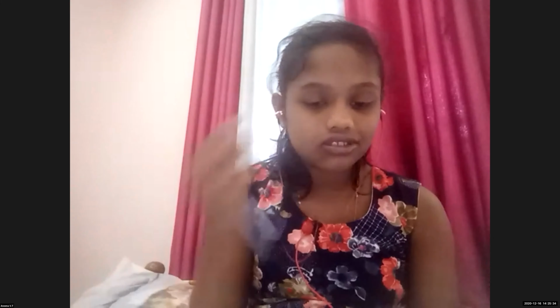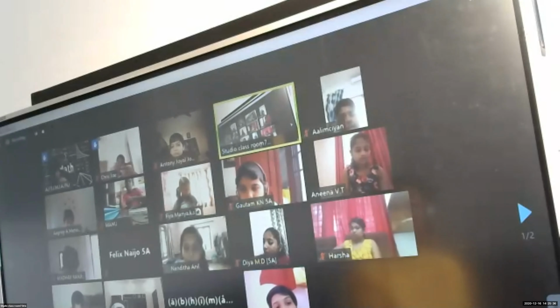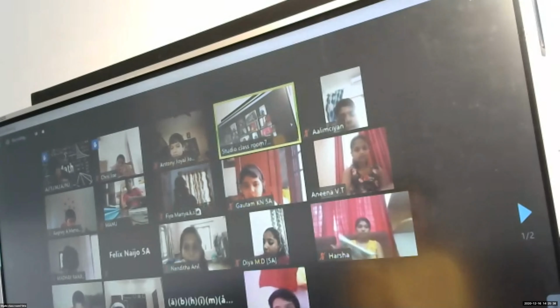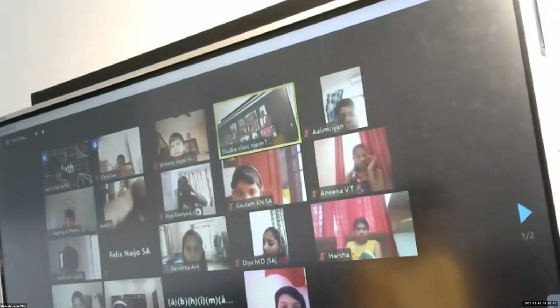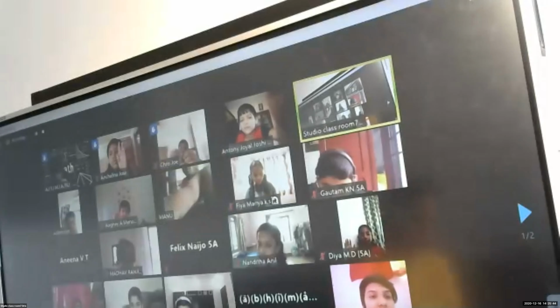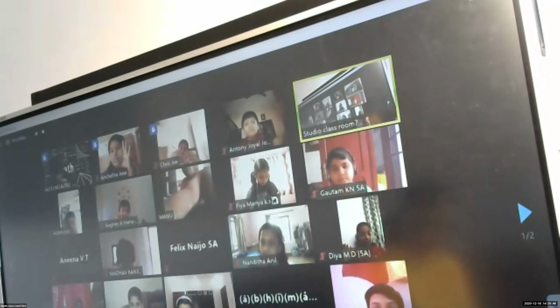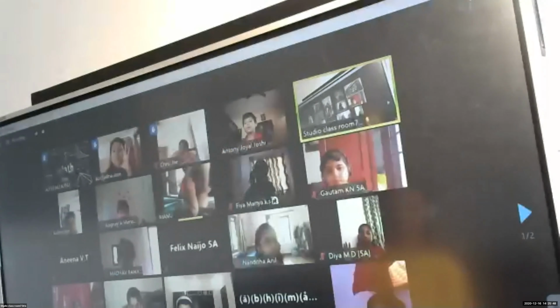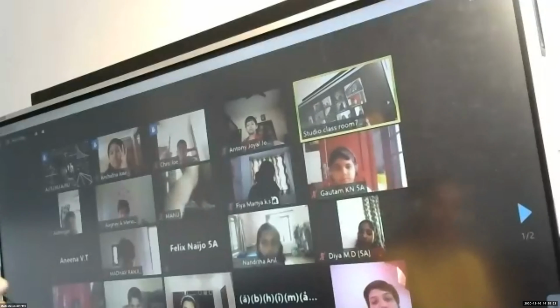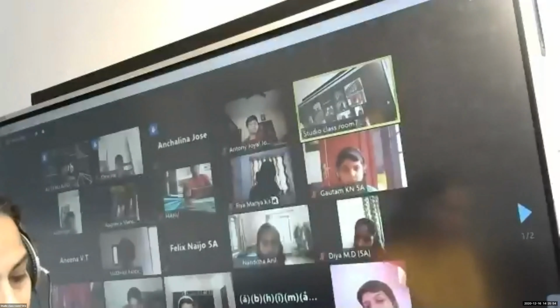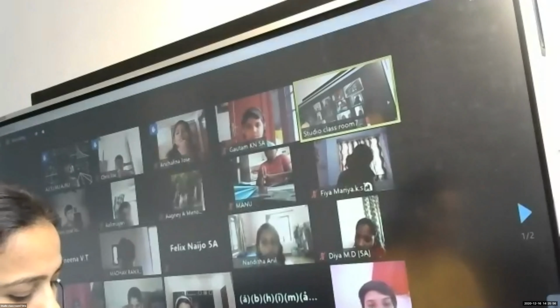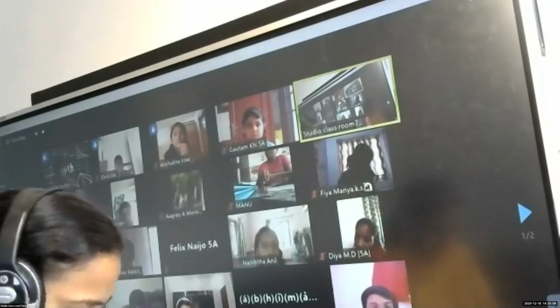The fraction will be smaller. Then who can tell me? Yes, Manu? We cannot divide it again. So numerator and denominator will not have any common factors. Okay, so fraction in its lowest term means there will not be any common factors between the numerator and denominator.